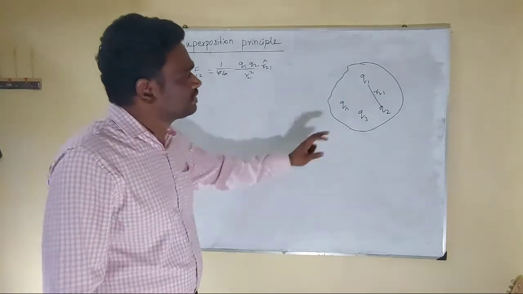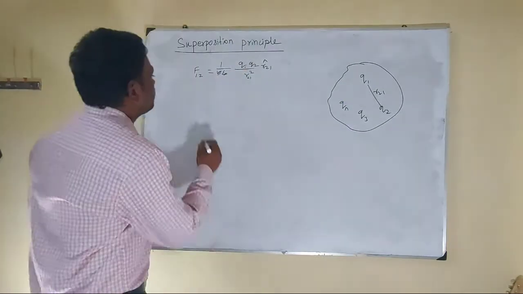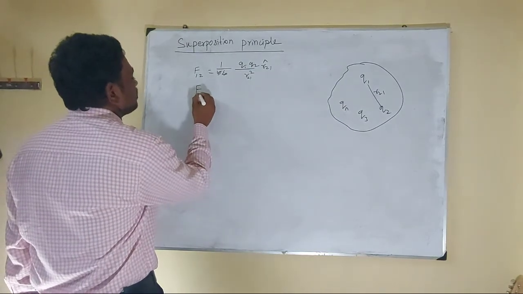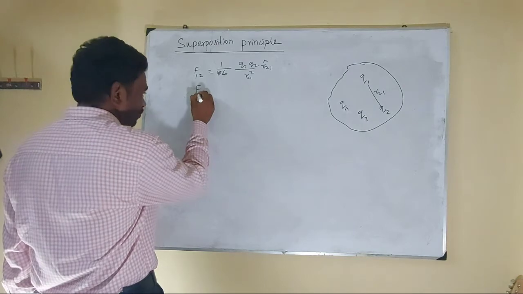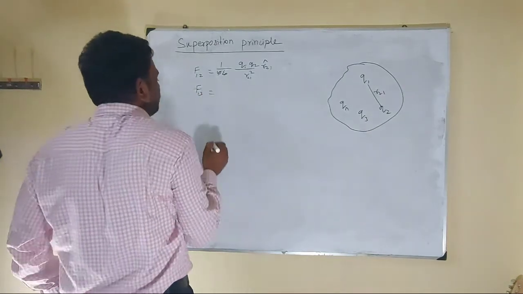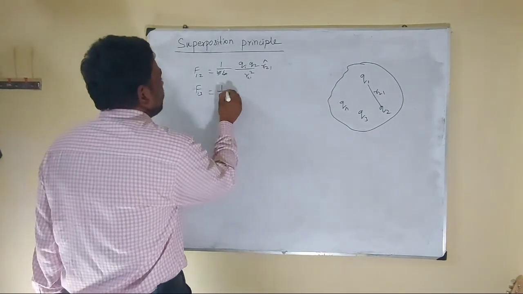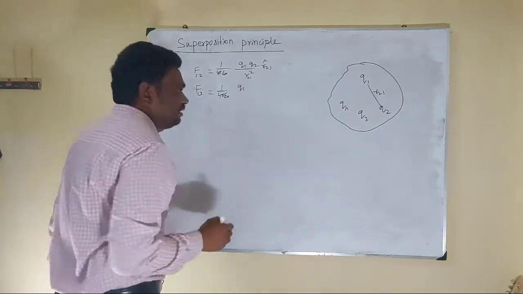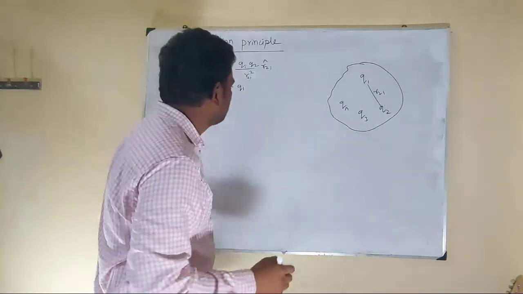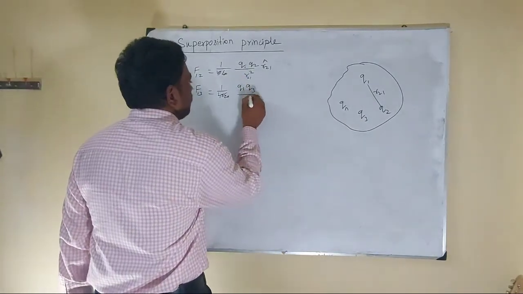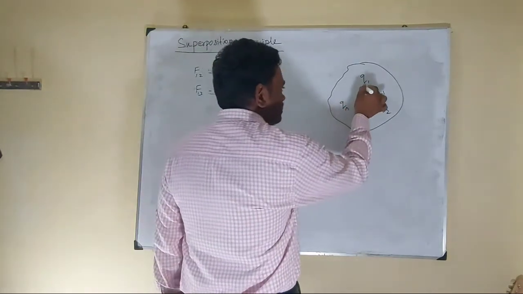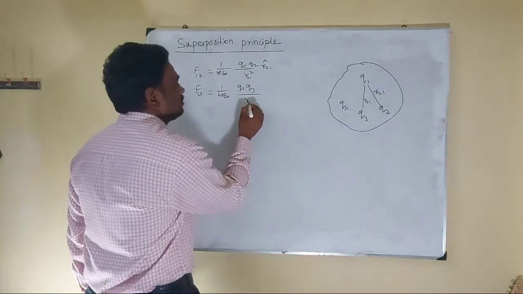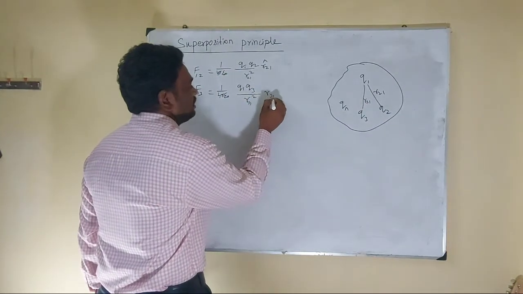Similarly, we can write the force on the charge Q1 due to the charge Q3. F13 is equal to 1 by 4 pi epsilon naught Q1 Q3 by, here the distance is r31, so r31 square into r31 cap.